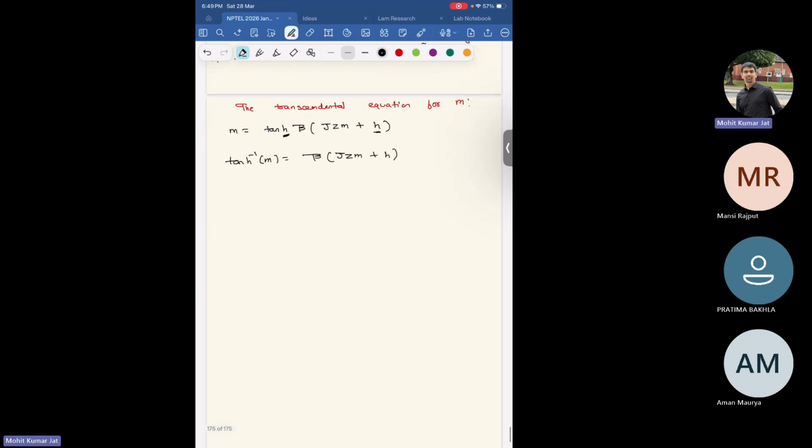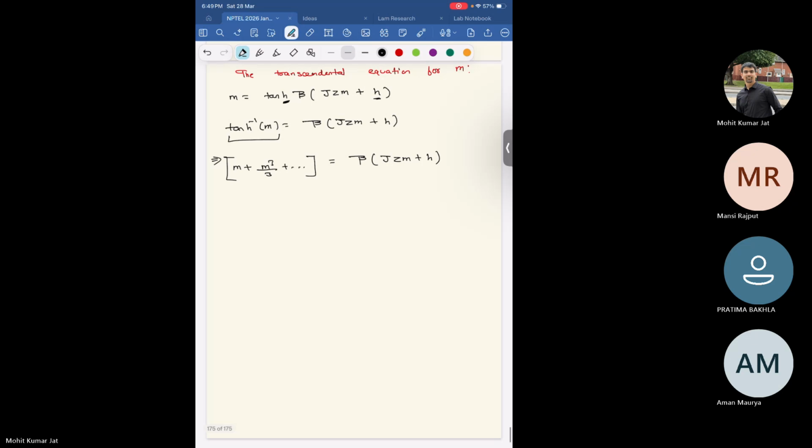Now we expand this parameter. If we expand it, what we will get is M + M cubed/3 plus all the higher order terms, which equals beta(ZJM + H).